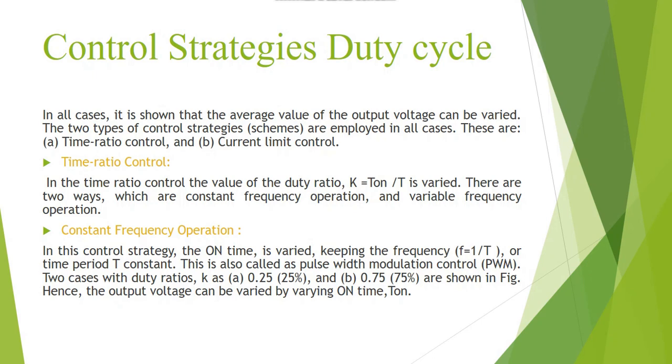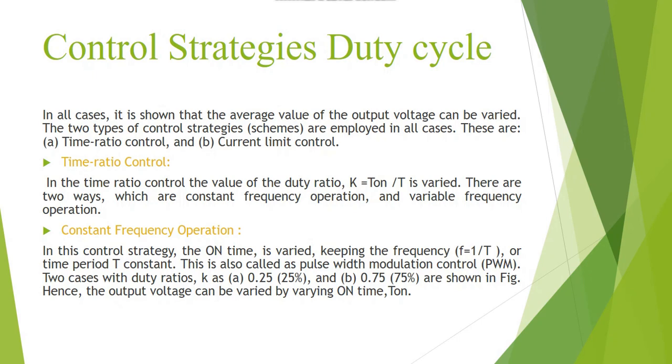Suppose the total time is 60 seconds. In the first switching operation, we are using an on time equal to 20 seconds. So the duty cycle value is now 20 by 60, that means 1 by 3. If we put this value in the output equation of the boost or buck converter, we can see the output voltage value.